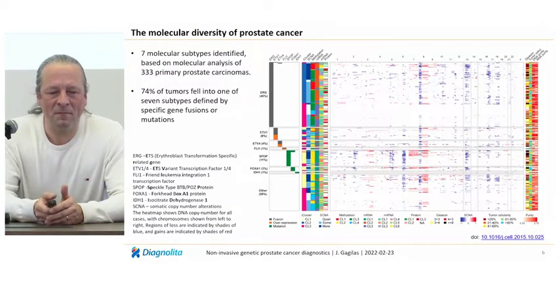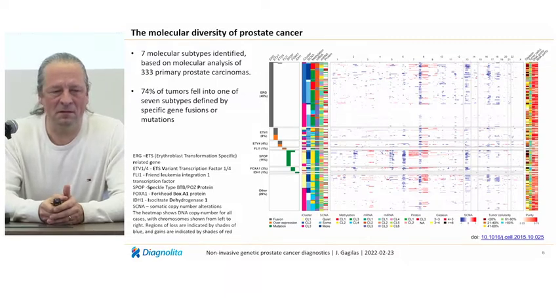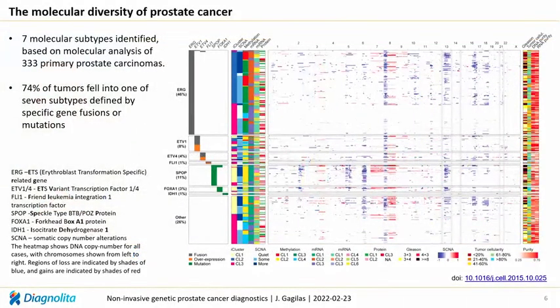In 2015, there was a publication where scientists analyzed more than 300 primary prostate carcinomas, and they realized that there are 7 molecular subtypes of prostate cancer. You see in the picture, in the first graph, the largest portion of cancers fall into the ERG positive subtype, close to 50% of prostate cancers.